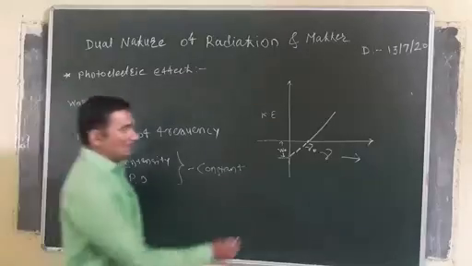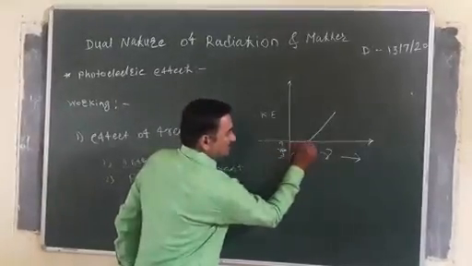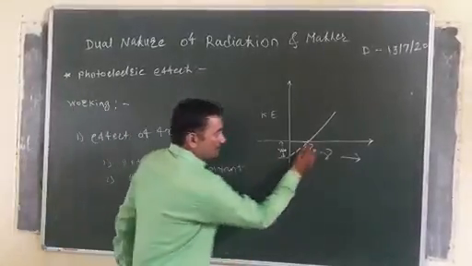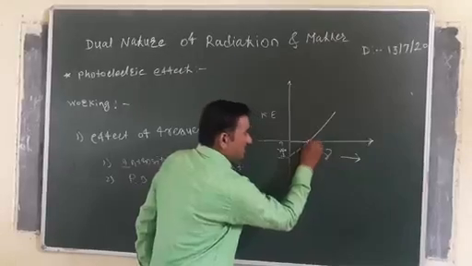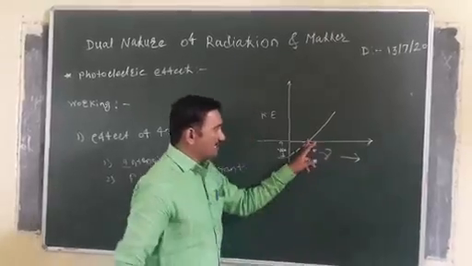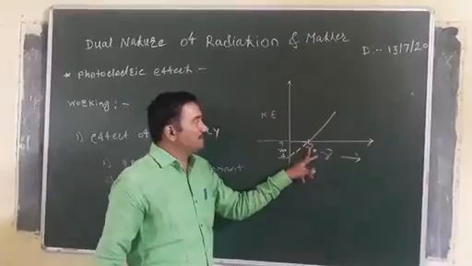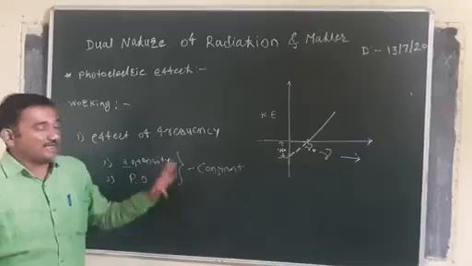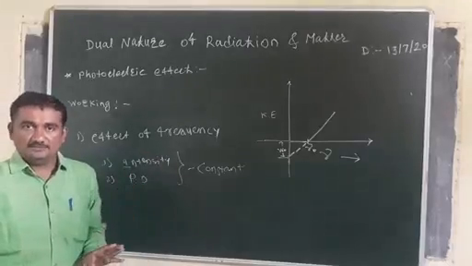At the lower frequencies, there is no photoelectric current. But as soon as the frequency of incident radiation reaches a certain minimum frequency, called the threshold frequency, photoelectrons are emitted from the metal surface and we get the photoelectric current.